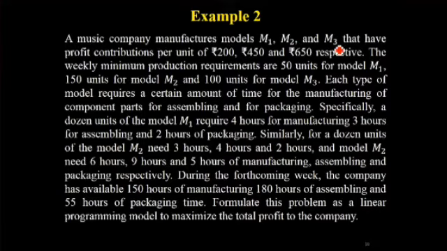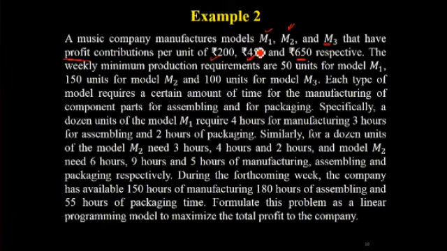They have profit contribution. You see, when profit is mentioned, somewhere here you will get the z value, meaning the objective function. So profit contribution per unit is 200 rupees for M1, 450 for M2, and 650 for M3.